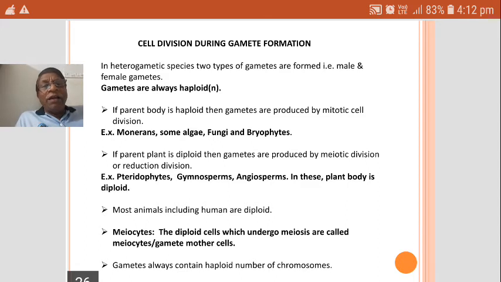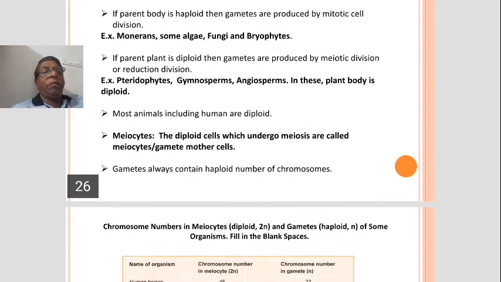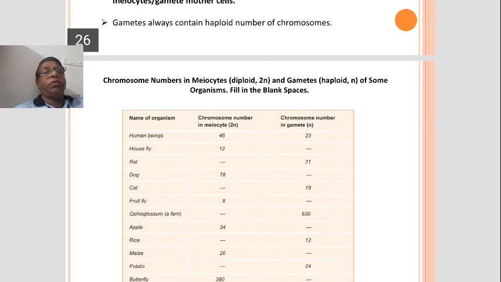The cell which undergoes meiosis or reduction division is called meiocyte. Okay. Here also the gametes contain haploid number of chromosomes, maybe sperm or the egg contain haploid number of chromosomes.